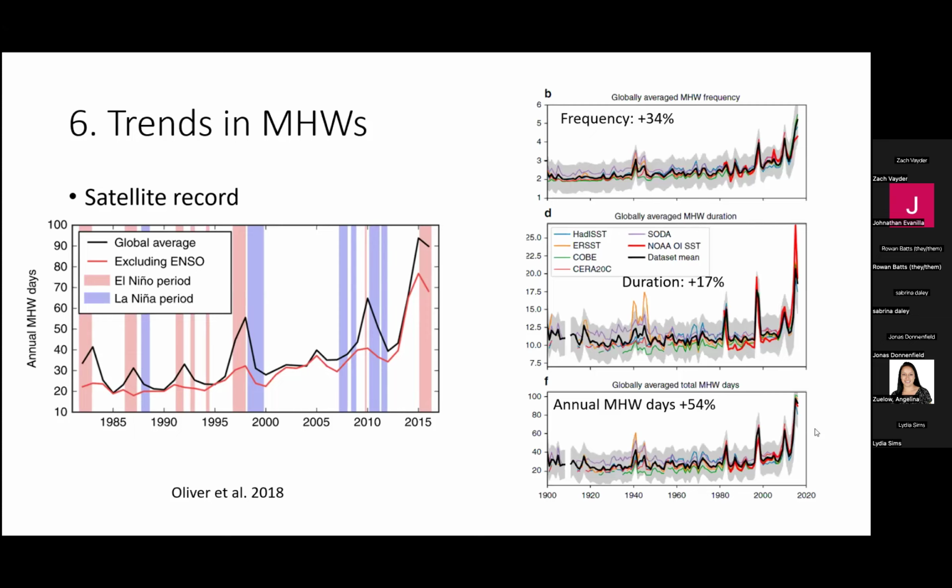And again, that's where the really common statistic comes from: compared to a common baseline, the frequency of marine heat waves has increased by 34%, the duration is 17% longer, and the number of heat wave days in an area has gone up by 54% over that record time. And so those are the three most common metrics that people use in marine heat wave work: the frequency, the duration, and the intensity.